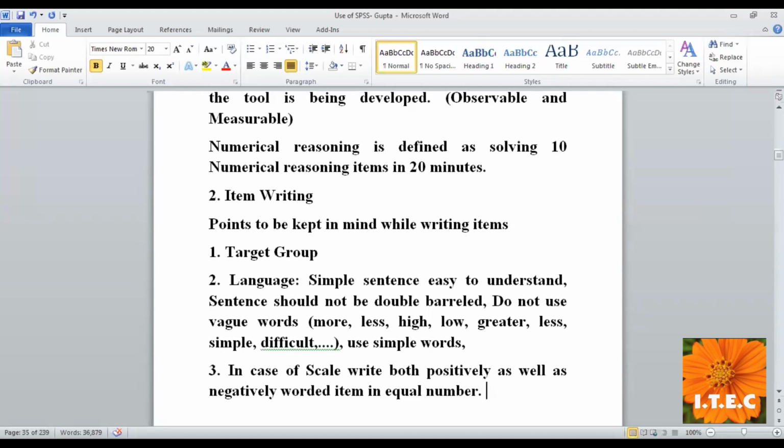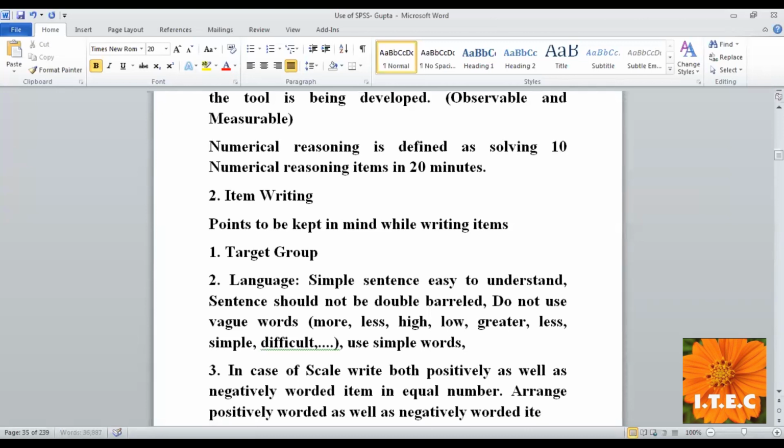So therefore, arrange positively worded and negatively worded items randomly.